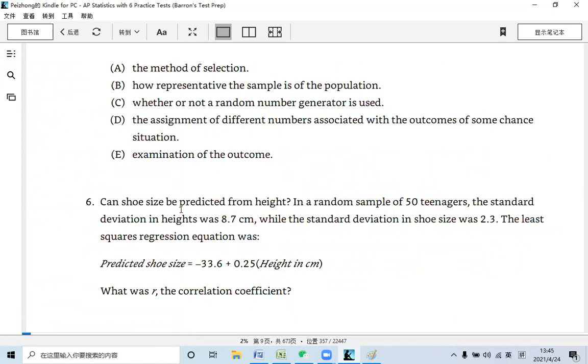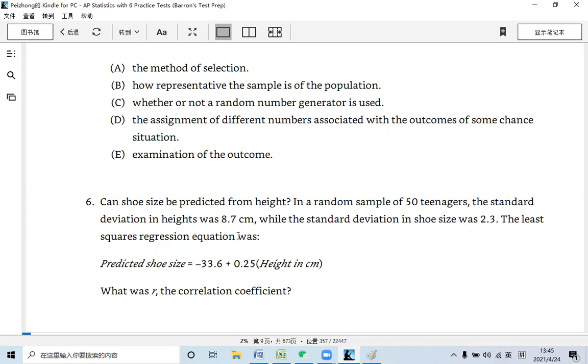Number 6, can shoe size be predicted from height? Random sample of 50 teenagers. The standard deviation in height was given, and the standard deviation of shoe size was 2.3.